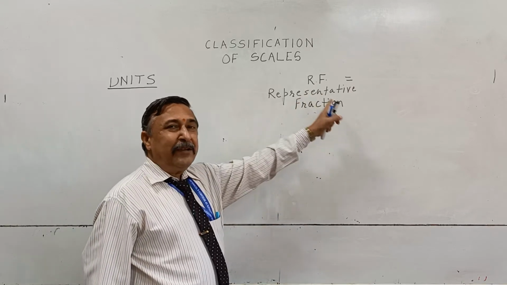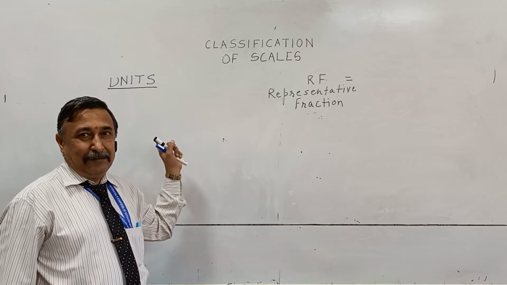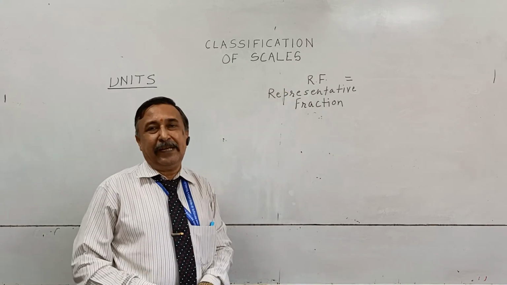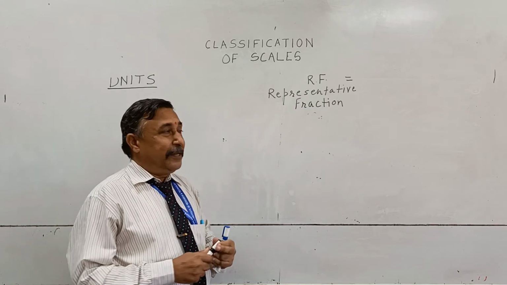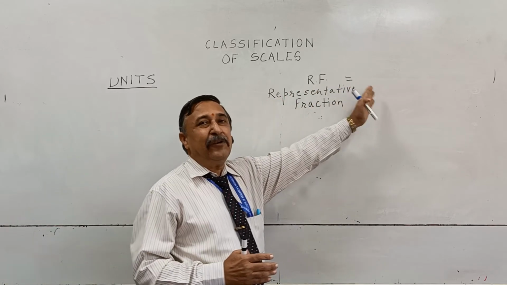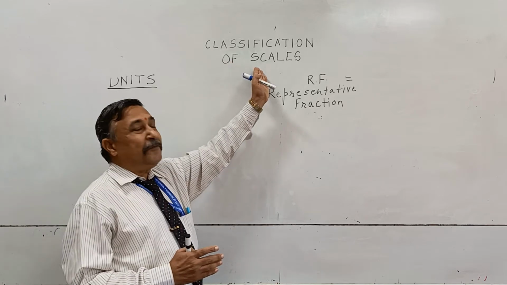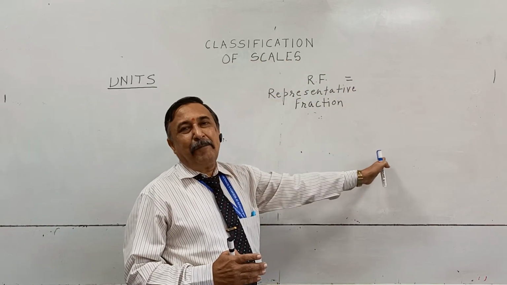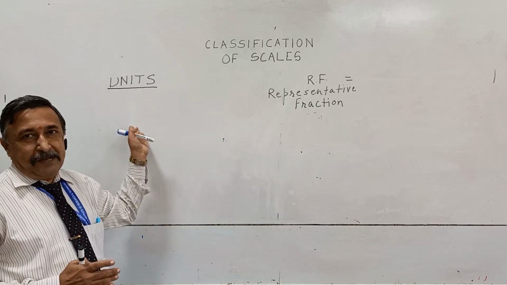Then on the basis of that, we have to construct a scale. So today we take the classification of scales. Now how do we classify the scales? See, if we learn two things, one is ratio and another is scale, so definitely classification is of two types, either by ratio or by units.